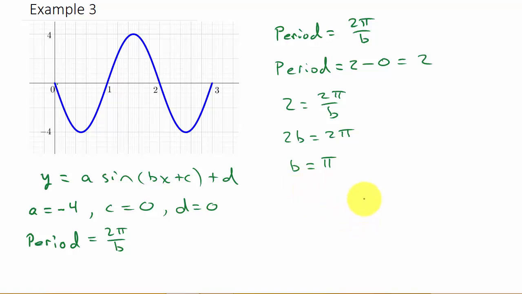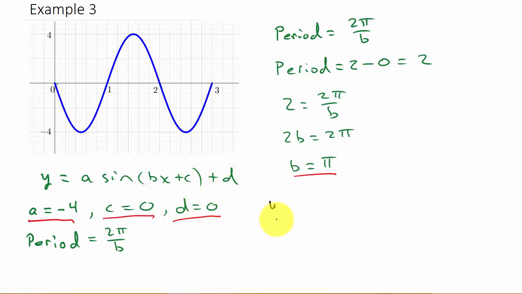So there's b. Now that gives me my function. I have a, c, d, and b, and that's what I need: a, b, c, and d.